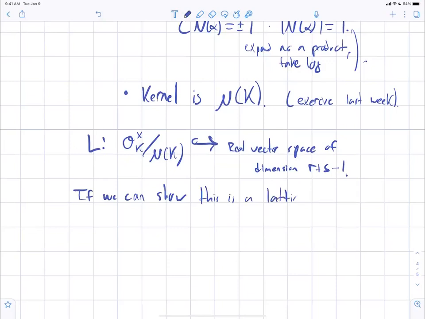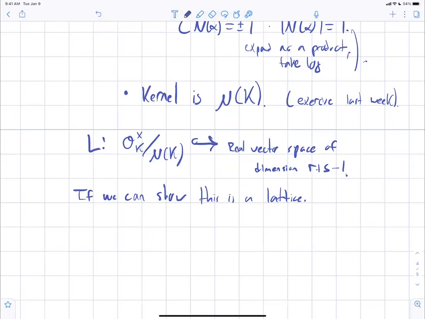Here, when I say a lattice, I just mean some finitely generated Z-submodule of this real vector space, generated by vectors which are linearly independent over R. The main point is this is equivalent to having a subgroup under addition of this real vector space such that if you take an open ball around 0, it contains only finitely many elements. So this is equivalent to being a lattice.